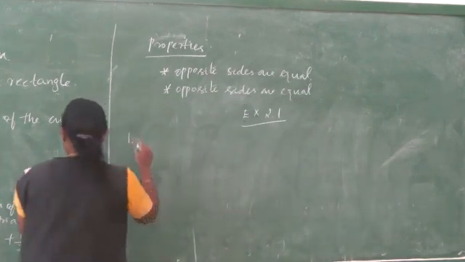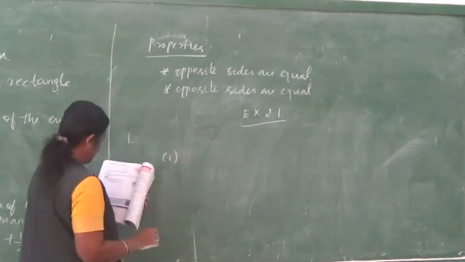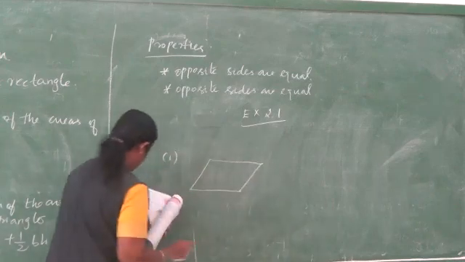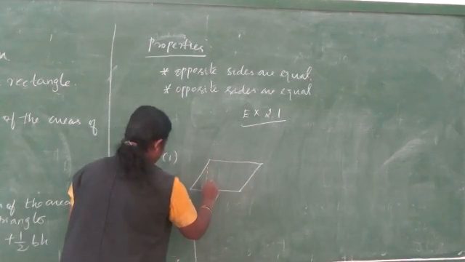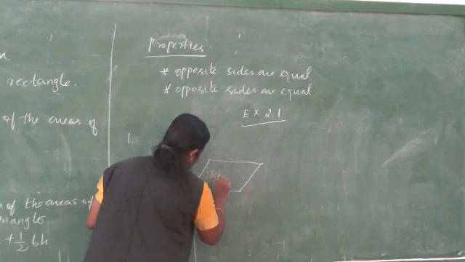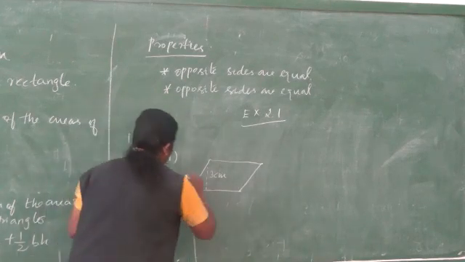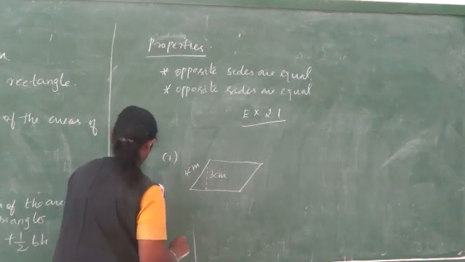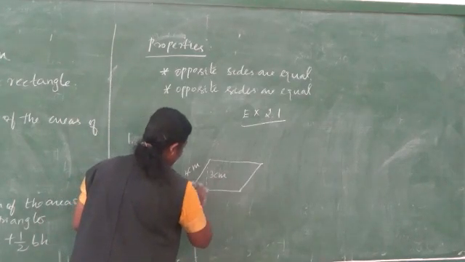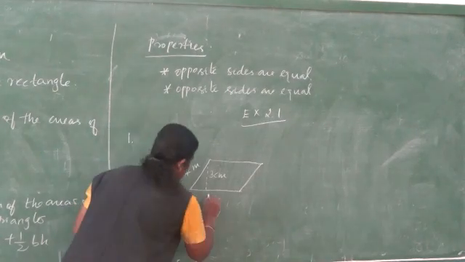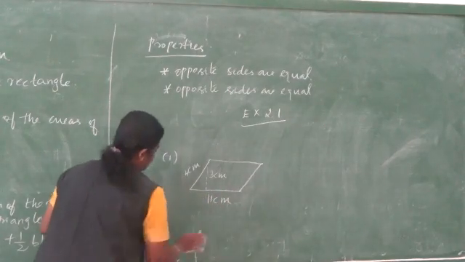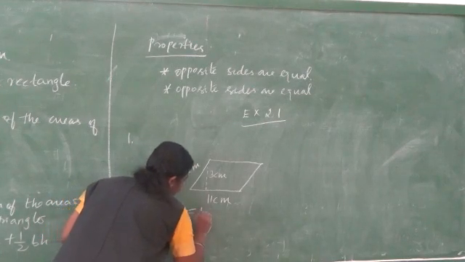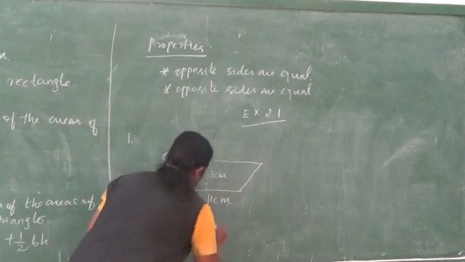The first option is given to us. Height is given to us 3 centimeter. What is the base given? 4 centimeter. That is one side is given 4 centimeter, other side is given 11 centimeter. We have to find out the area of the parallelogram. What is the base? 11 centimeter.